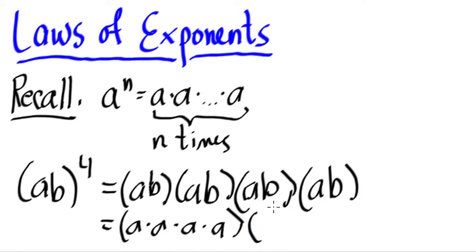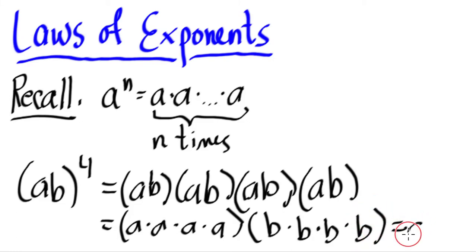This is possible by the commutative property of multiplication. So B times B times B times B. Now this can be further equated as a raised to 4, b raised to 4. So therefore we can say that a times b quantity raised to 4 is equal to a fourth, b fourth.